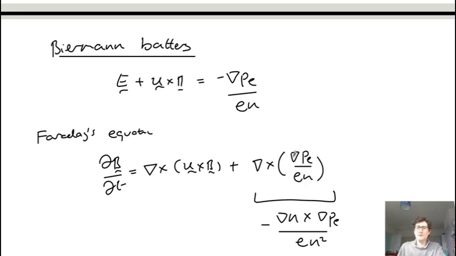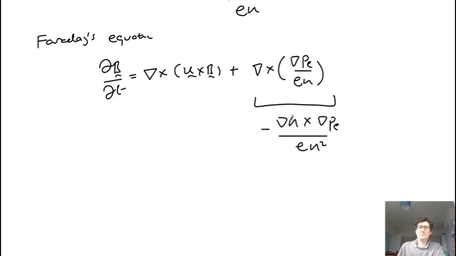The curl of a gradient is obviously 0, and so the only term left over is where you differentiate the density to get n squared, giving grad n cross grad p. So if you have the gradient of the density and the gradient of the pressure in different directions, then you can generate magnetic fields, without any to start with. You just need this mismatch between the gradients, and you end up creating magnetic fields.